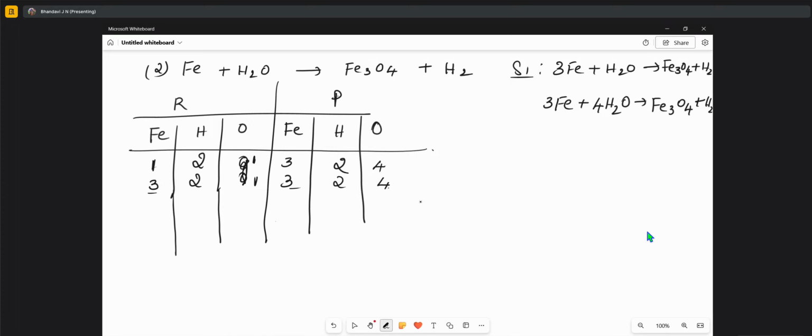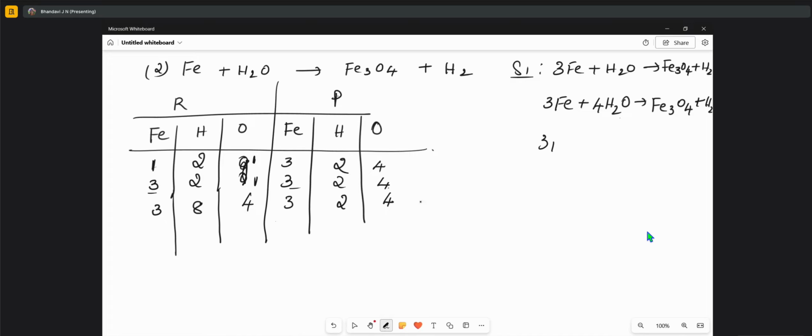Here in the reactant I have not changed iron. Hydrogen now becomes 4 into 2, which is 8, and oxygen is 4. Whereas here iron is 3, oxygen is 4 and hydrogen is 2. So I have to increase the hydrogen here.